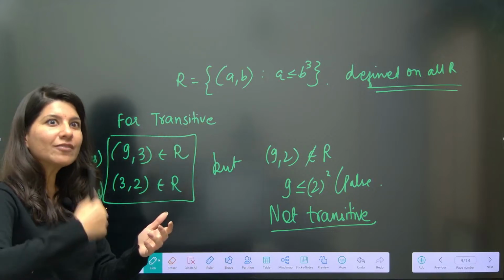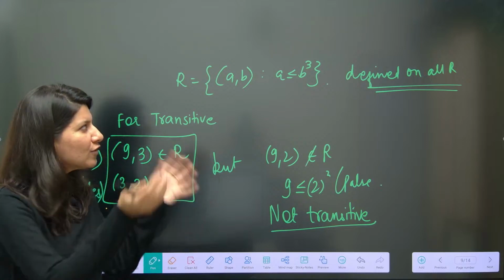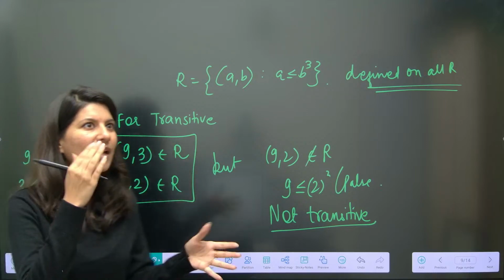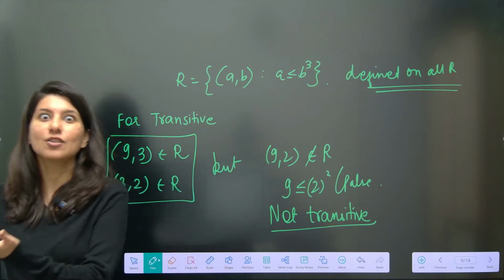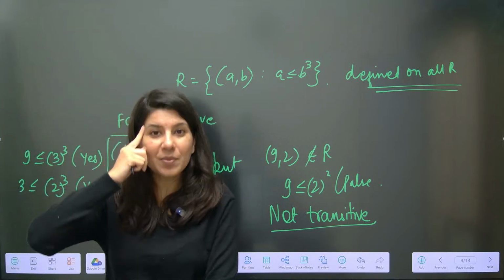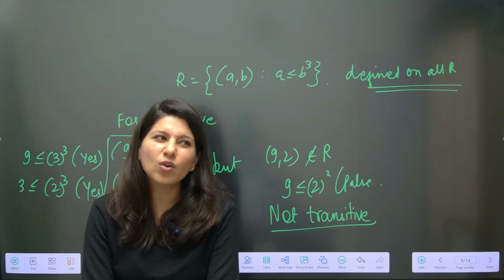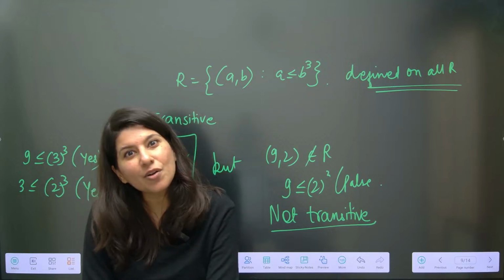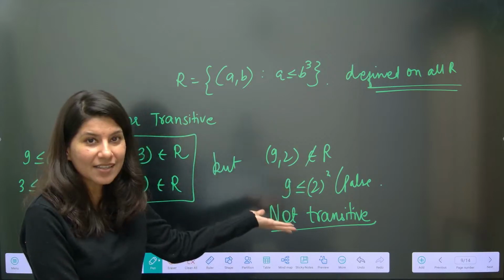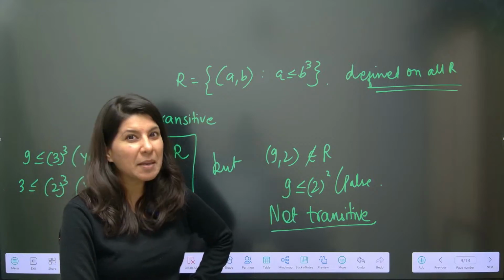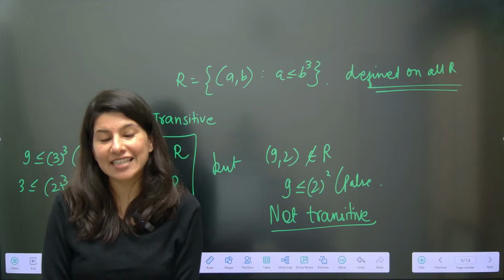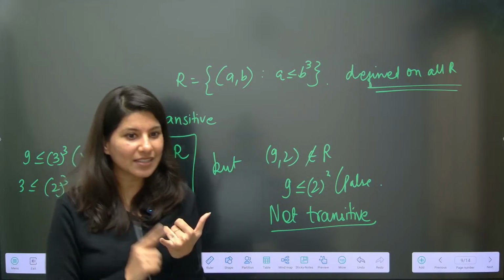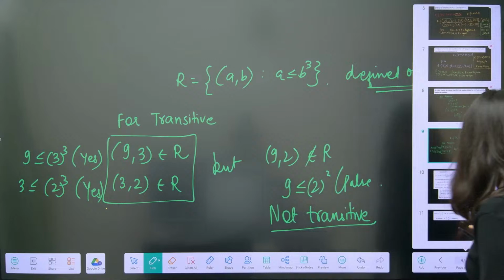Then you'll start finding that ordered pair which will not satisfy this condition, and you'll be like, oh, this is also satisfying, this is also satisfying. And then when your brain becomes tired, you'll be like, oh, I can't find any ordered pair which will not satisfy. So maybe it is transitive. So always your brain should work like this, especially for reflexive, symmetric, transitive, okay. I hope that this is clear.